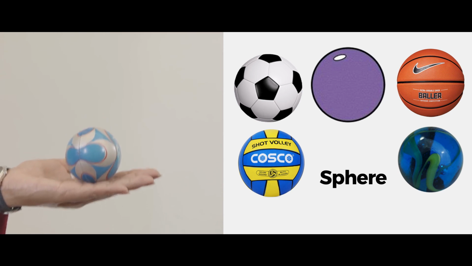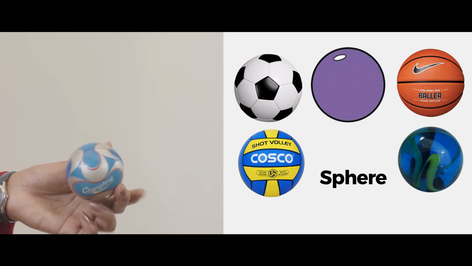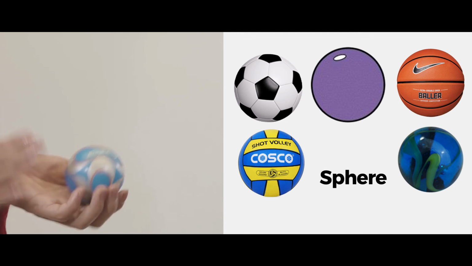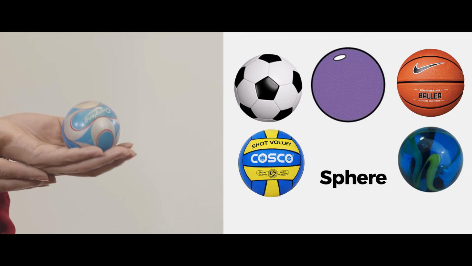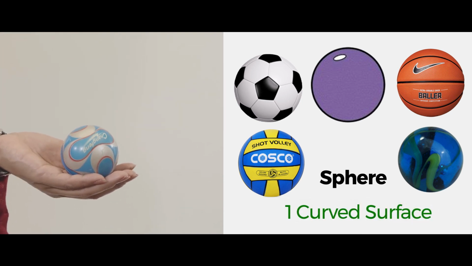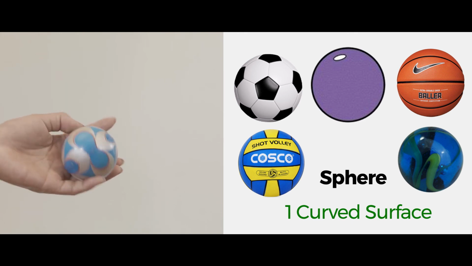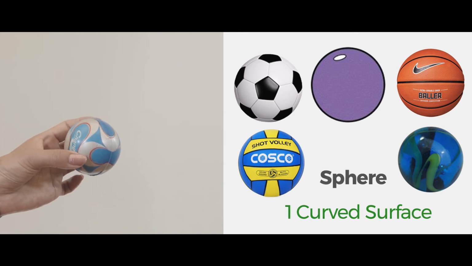Okay, a sphere. Now take a look at this shape carefully. This shape is a perfectly round shape, right? So it has only 1 curved surface. A sphere has only 1 curved surface and nothing else.